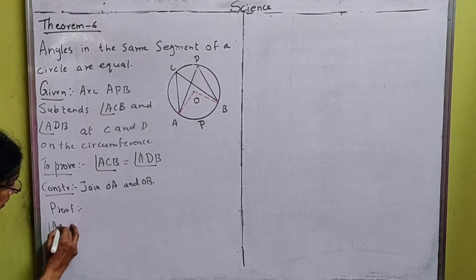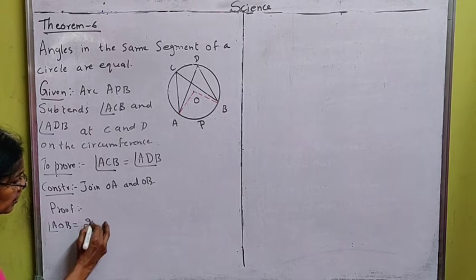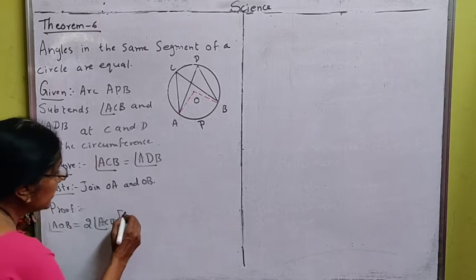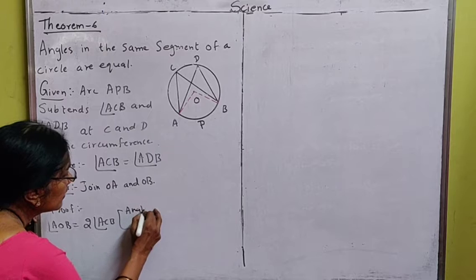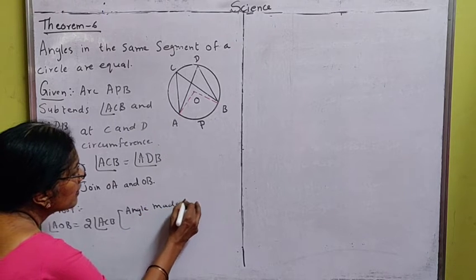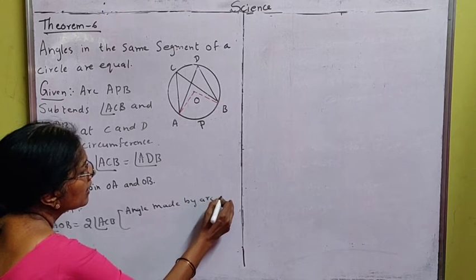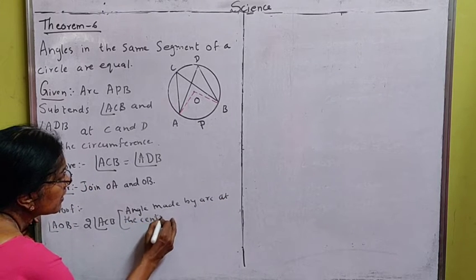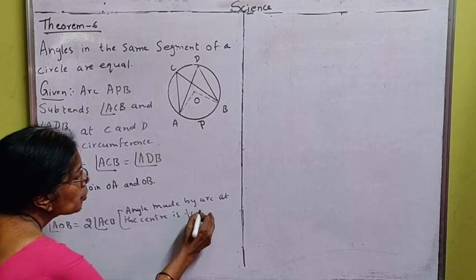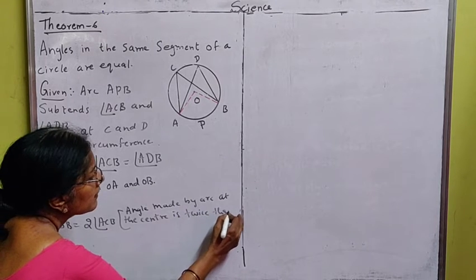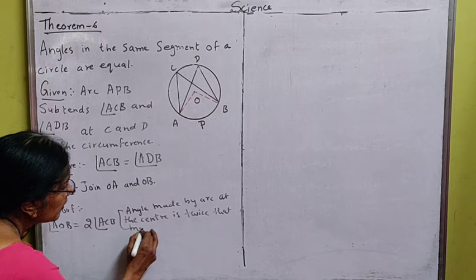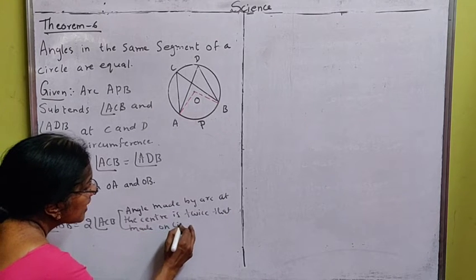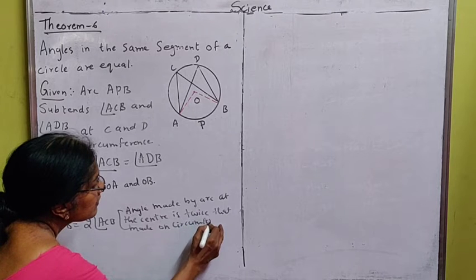So we will take angle AOB is equal to twice angle ACB. The reason: the angle made by an arc at the center is twice that made on the circumference.